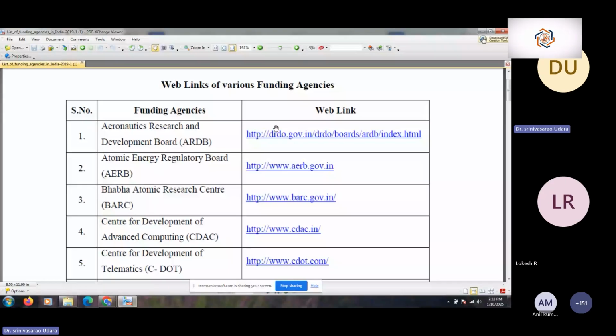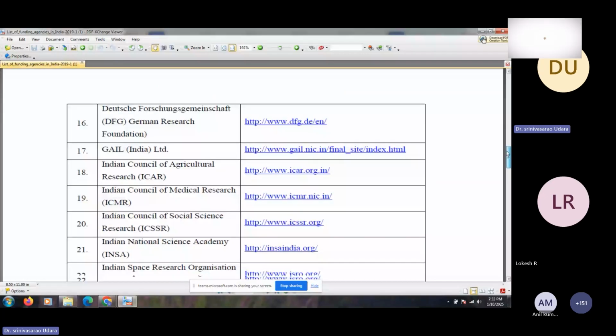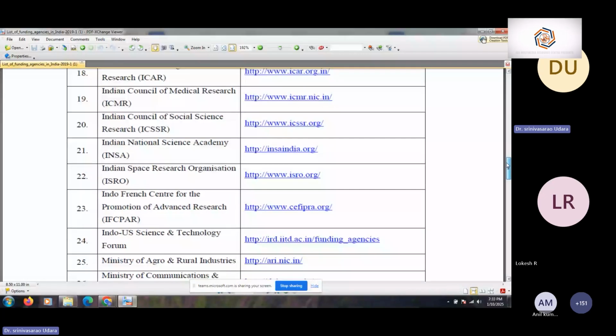Whenever you have sufficient time, please go through these websites. You will get information about what kind of funding they provide, and a lot of information about getting the funding. Especially, just focus on three agencies mainly.